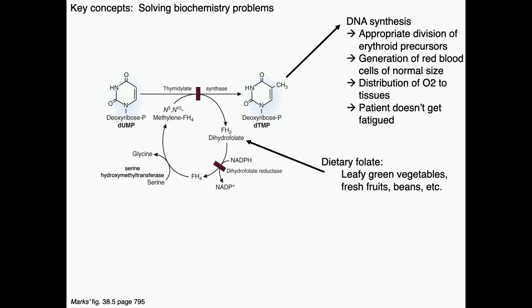So the thymidine nucleotide, or deoxythymidine nucleotide, this tends to be the rate-limiting nucleotide for DNA synthesis. And the synthesis of the thymidine nucleotide is dependent on the substrate deoxyuridine monophosphate.